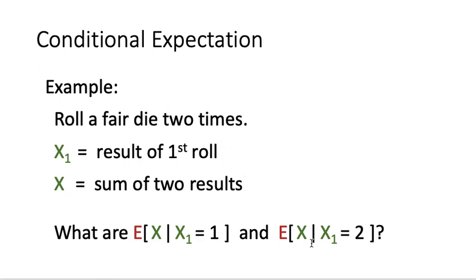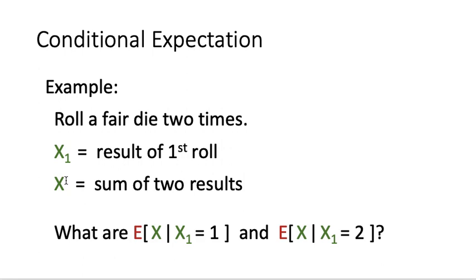Now similarly, suppose that X1 is now known to be equal to 2 instead. What are the possible values of the sum? The possible values will be 3, 4, 5, 6, 7, or 8.